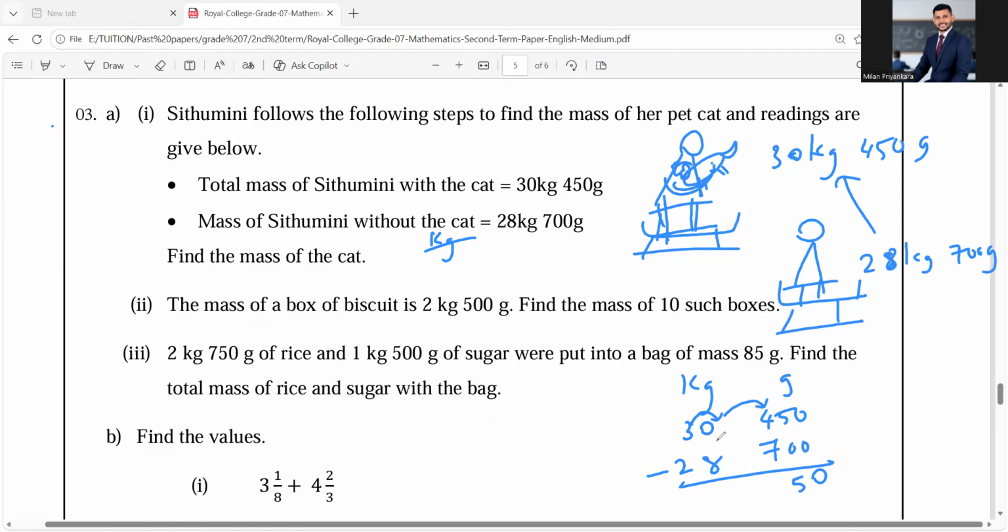You take another one from here, this becomes 9, 14 minus 7 is 7, and then 9 minus 8 is 1. Then you have the mass of the cat, that's 1 kilogram, 750 grams. Now this is the mass of the cat.